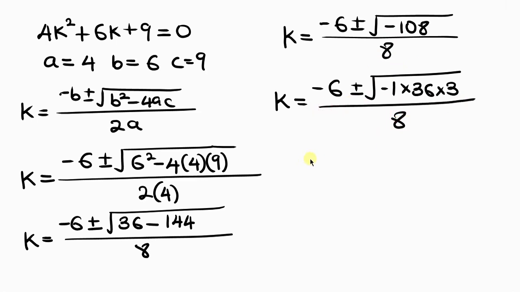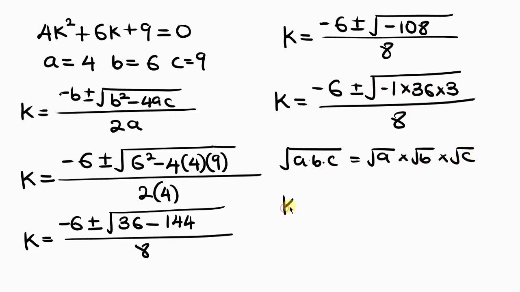Now we're going to be applying this property, which says when I have the square root of a times b times c, this is the same as the square root of a times the square root of b times the square root of c. So let's apply this to what we have here.